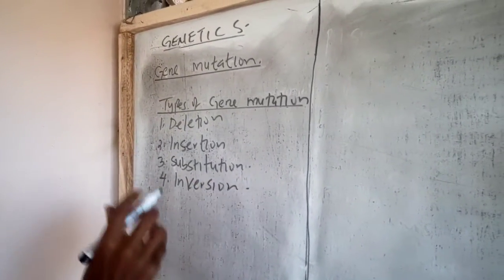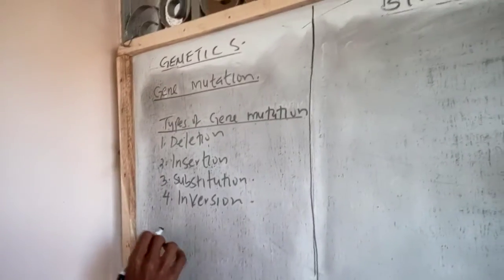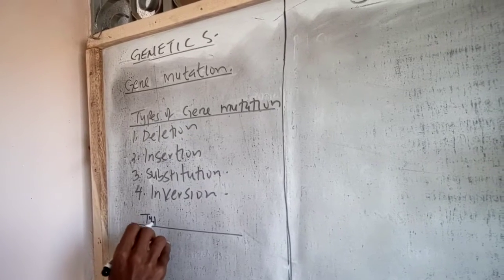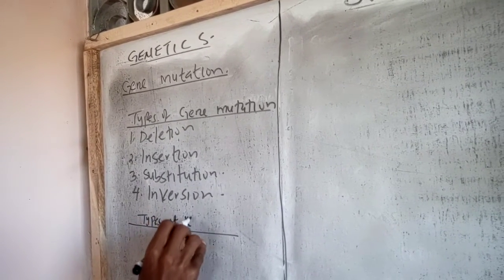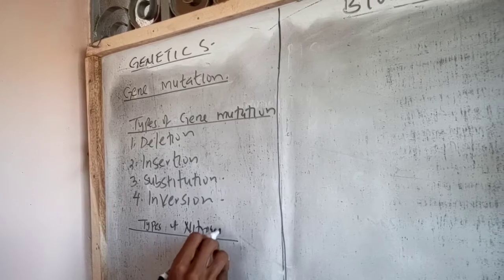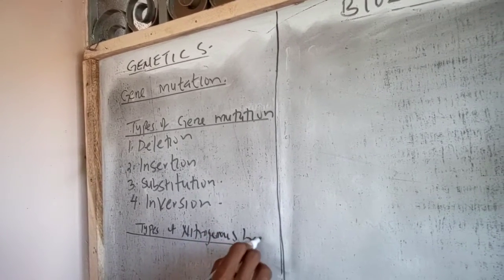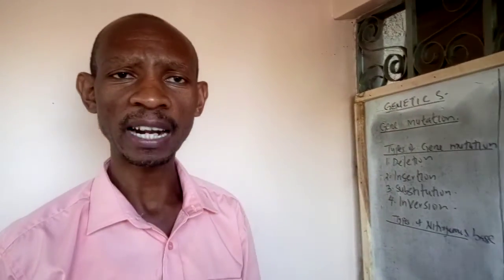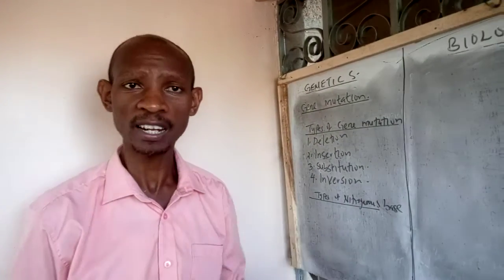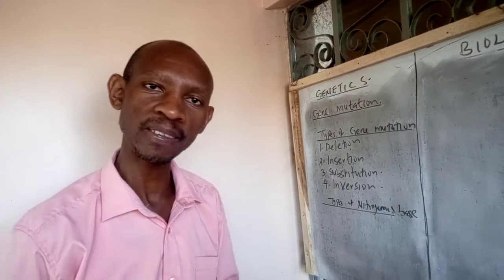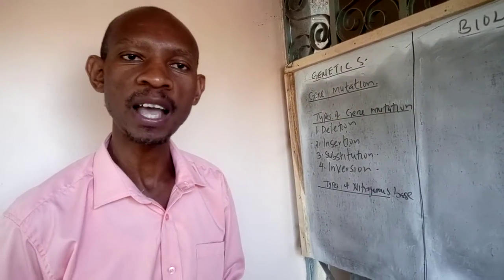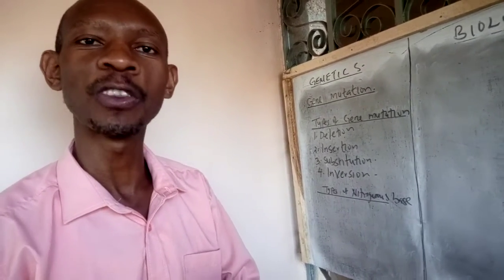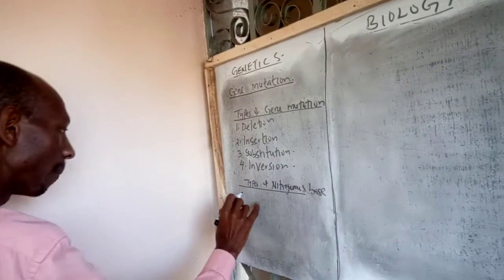As far as gene mutation is concerned, I would like you to remember the concept of the nitrogenous base, so I'm going to write the types of nitrogenous base. Previously, I discussed nitrogenous bases, and I said that in the DNA strand we have four basic types: adenine, guanine, cytosine, and thymine.